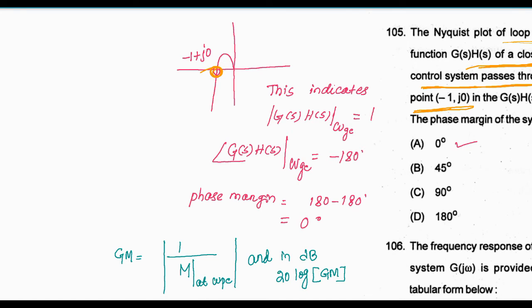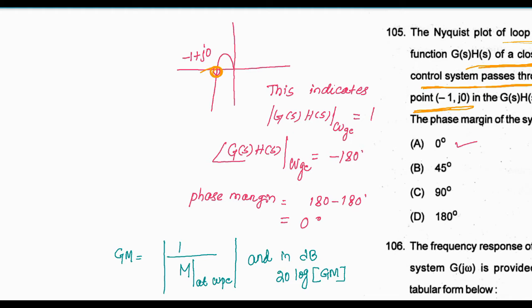This indicates that it is passing through minus 1 plus j0, meaning the magnitude of G(S)H(S) at the gain crossover frequency will be 1. That is the definition of gain crossover frequency. The angle of G(S)H(S) will be minus 180. And what will be the phase margin?